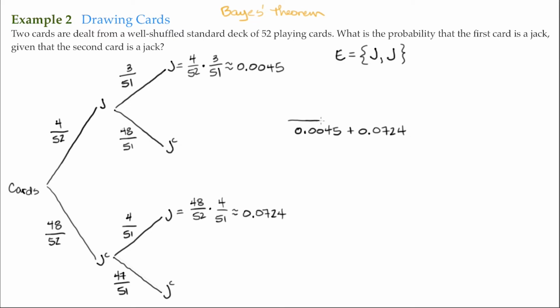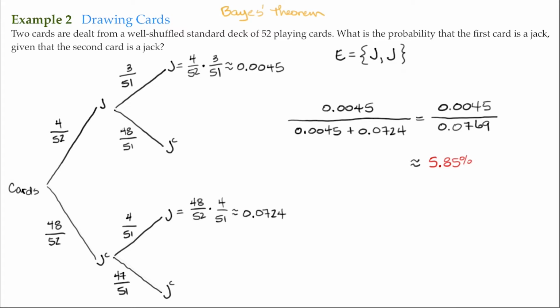So then this is going to be divided by 0.0045 over 0.0769, and this comes out to be approximately 5.85%.